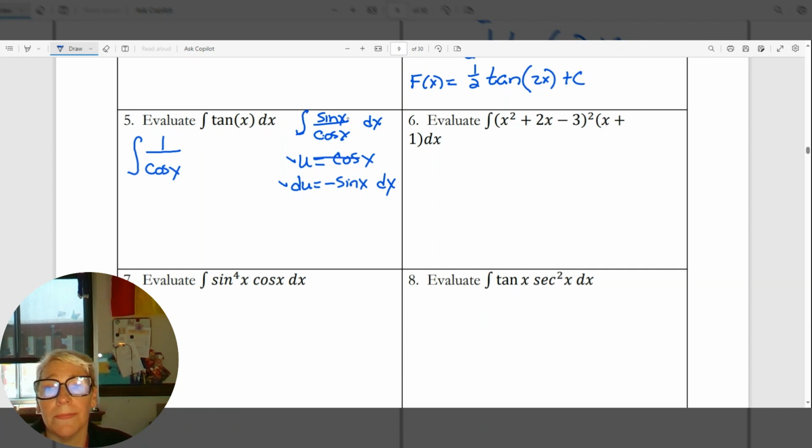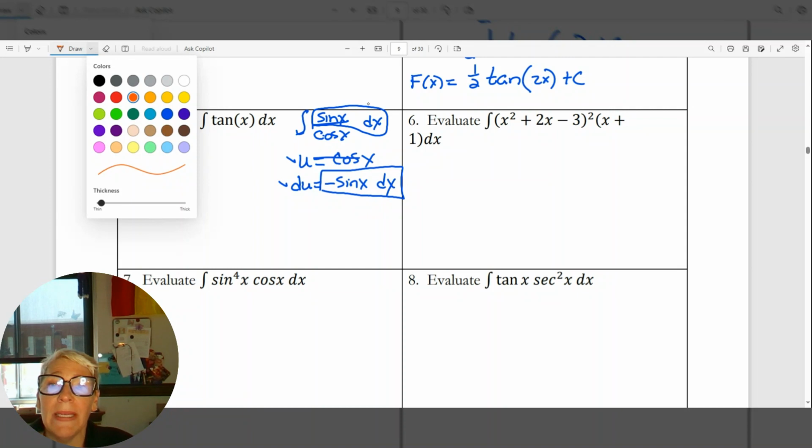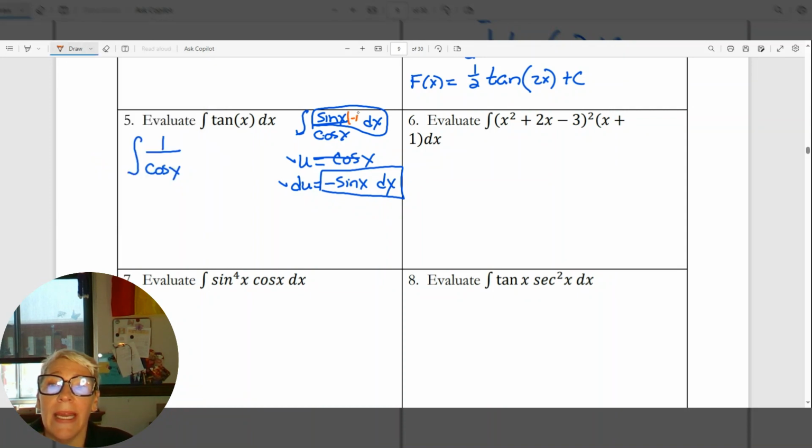Okay, that's used. Now I am looking for negative sine x cosine x. I have positive sine x cosine x. So the only thing I'm missing is a negative 1.